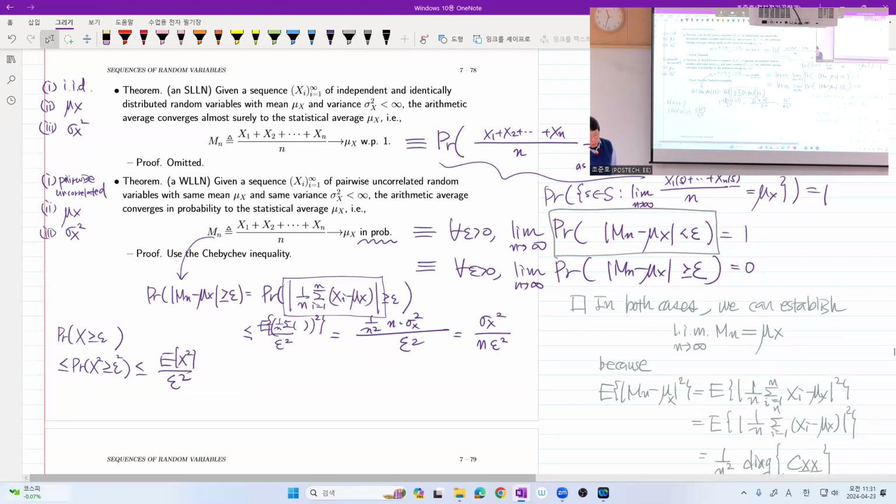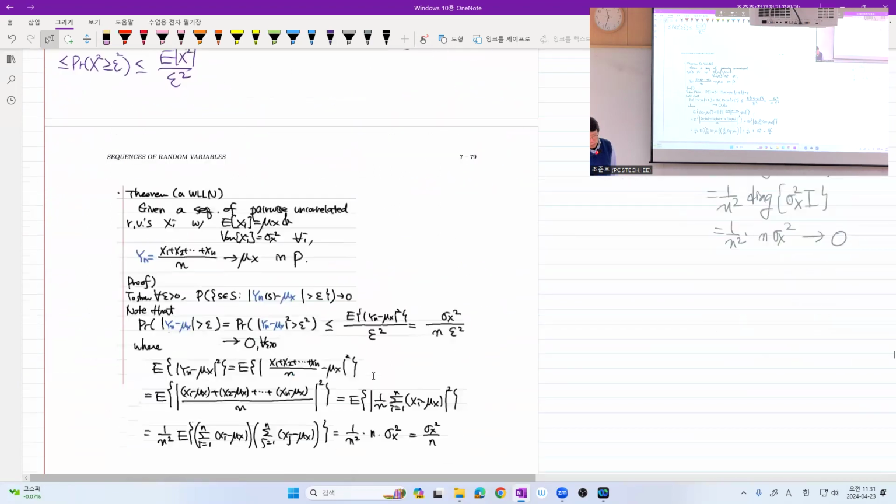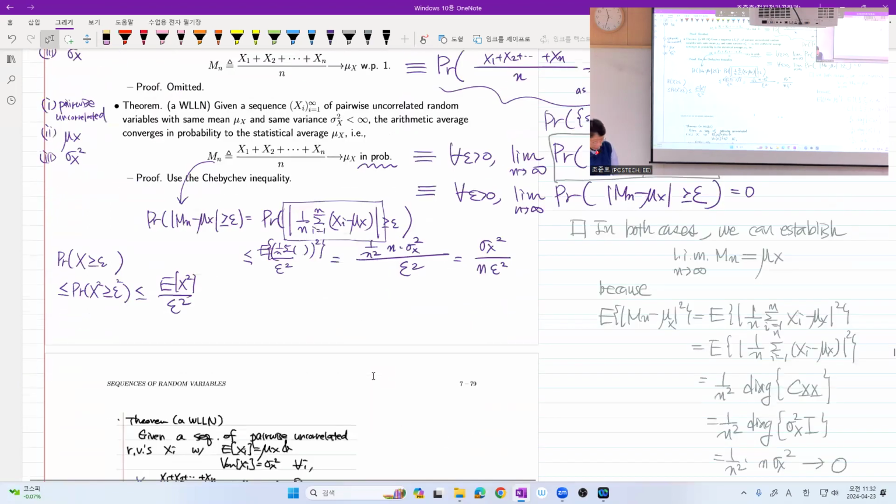And here, let me show why I said that in the proof of the weak law of large numbers, we use the mean square convergence. See this. In both the strong law of large numbers and the weak law of large numbers, you remember this one.